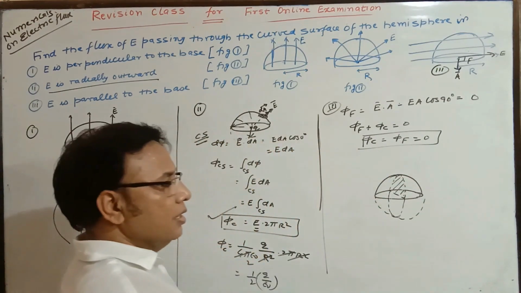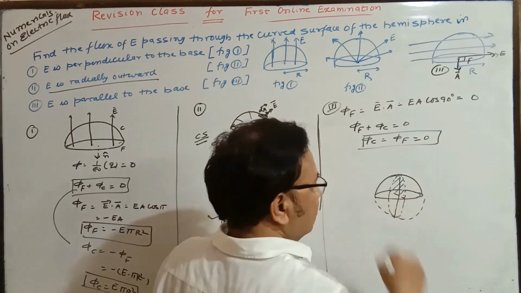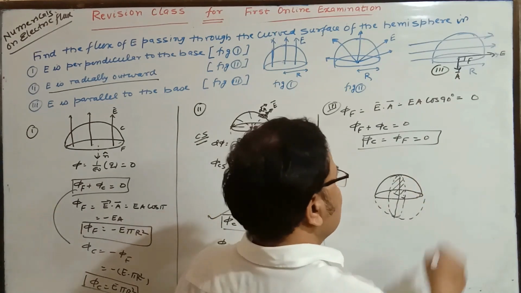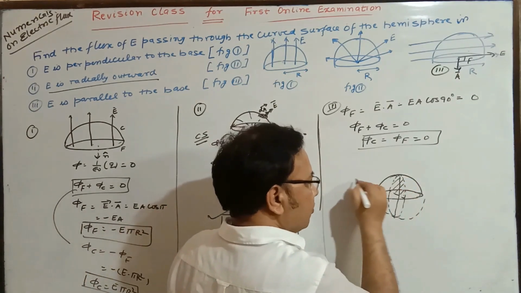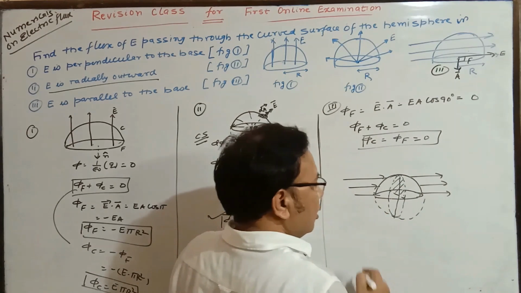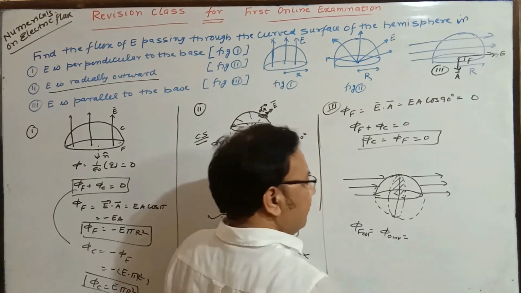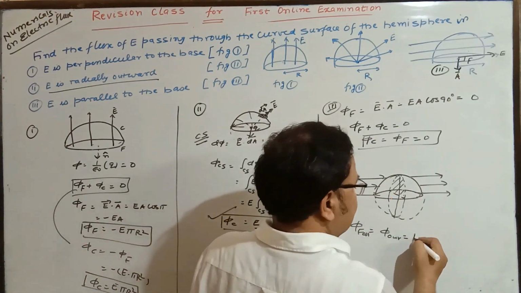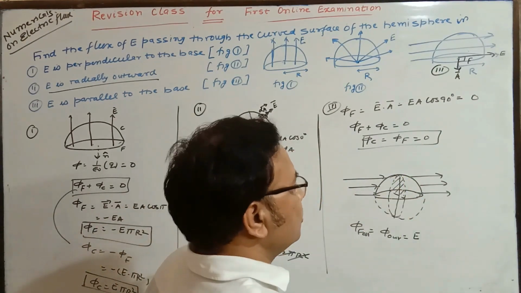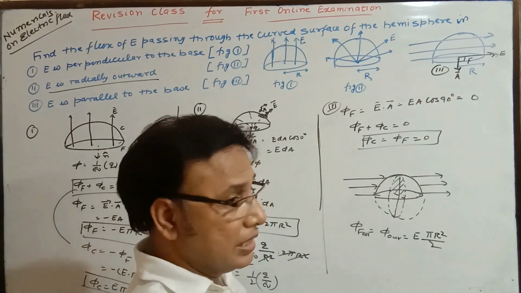So this is half of the diametrical plane, the plane passing through the diameter. The flux falling on it or coming out of it: if E is the electric field and the area of a half circle of radius r is πr² divided by 2, then as far as net flux is concerned, that is 0.